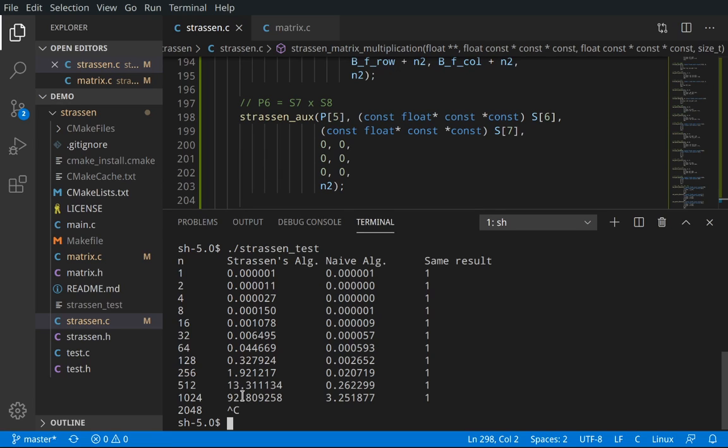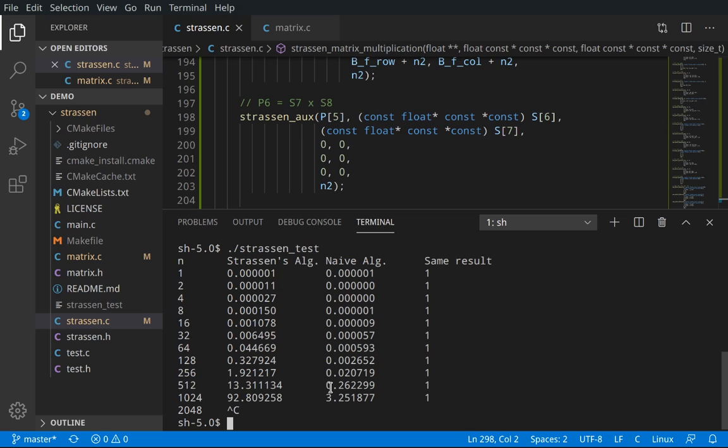If I divide the execution time for matrices whose size is 1000, more or less, by the execution time for matrices whose size is half of 1000, I end up with 9.